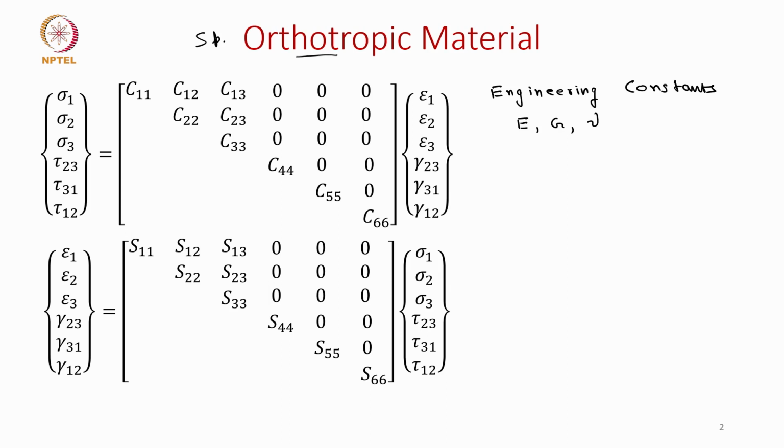The reason is that the elastic modulus E depends on the direction. For example, E1 means the elastic modulus in direction 1. Similarly, I can write E2 and E3, which represent the elastic modulus in directions 2 and 3.